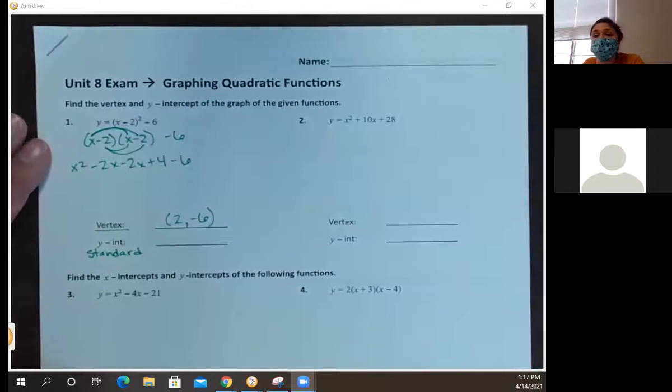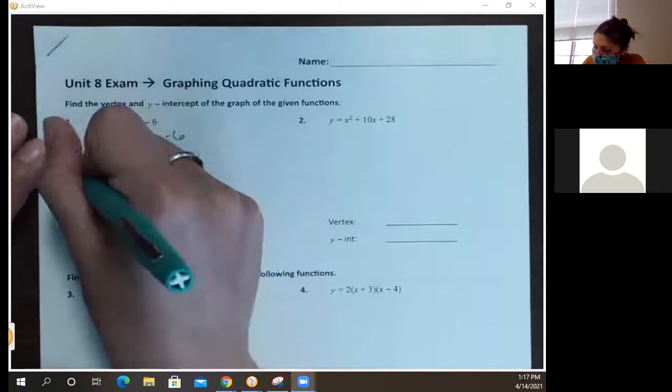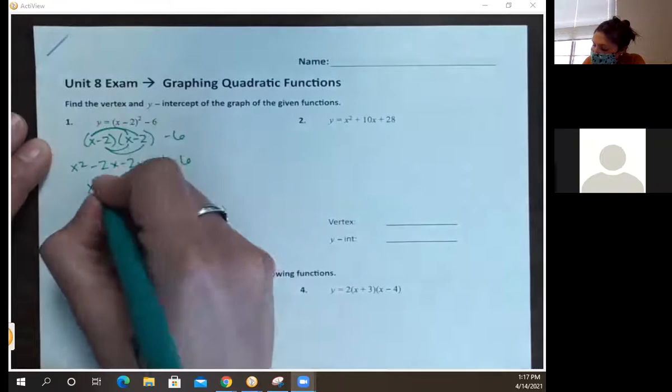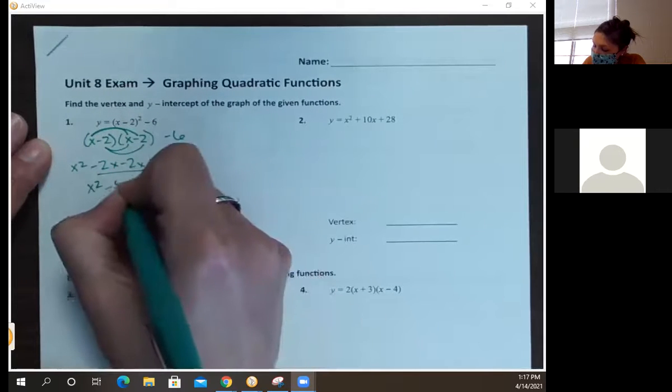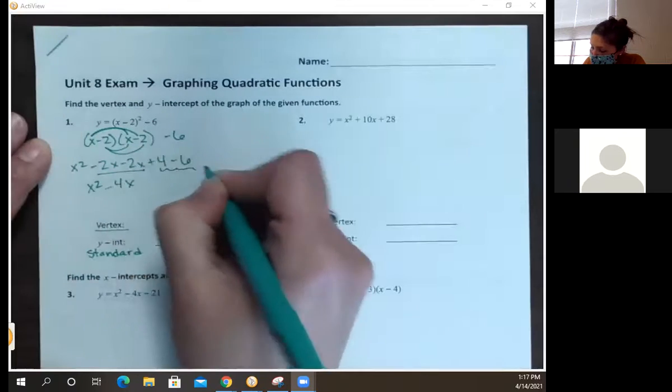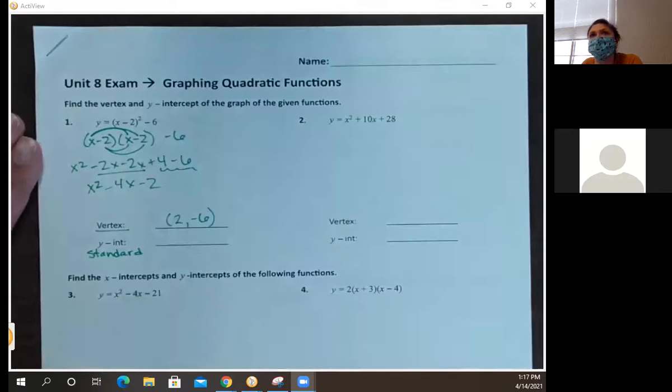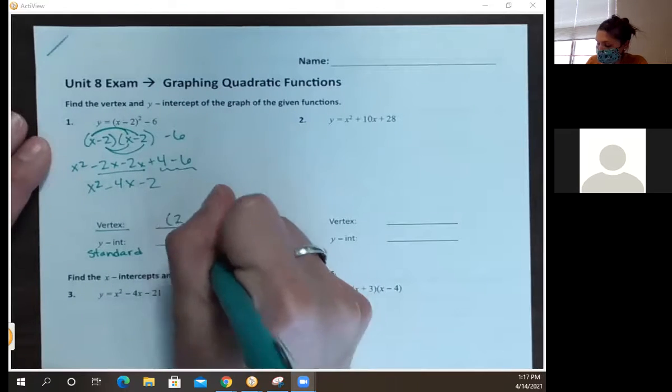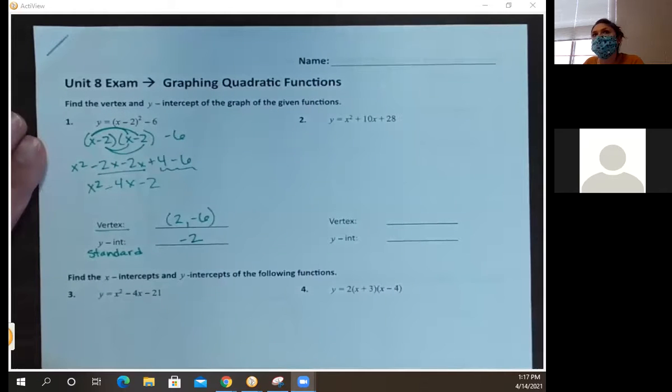And then for standard form, make sure you combine your like terms. So we would have x squared minus 4x minus 2. There's our standard form. What's the y-intercept? -2. Questions for me on number one?